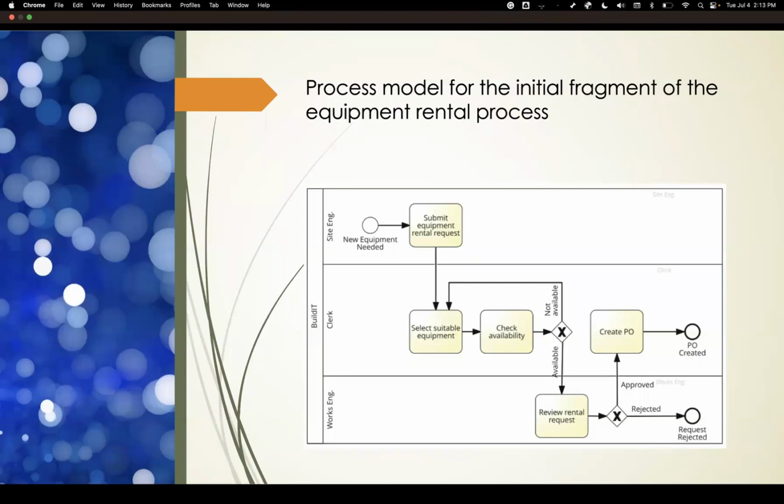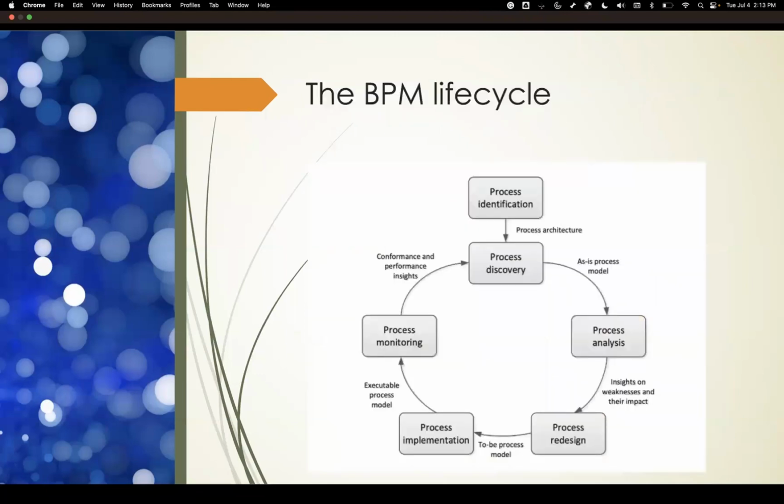To sum up, we can view business process management as a continuous cycle comprising the following phases in this slide. As you can see, this is divided into multiple categories, which are process identification, process discovery, process analysis, process redesign, process implementation, and process monitoring.